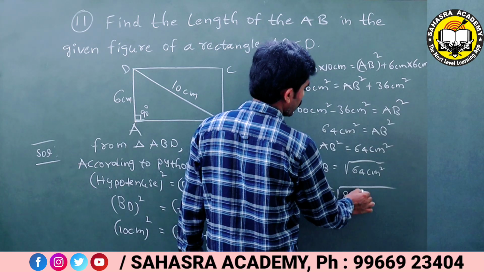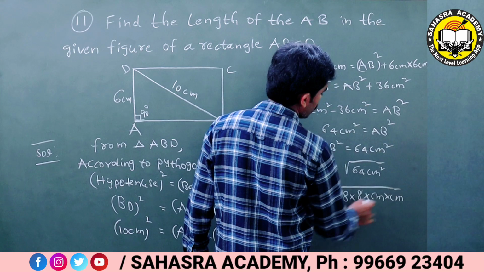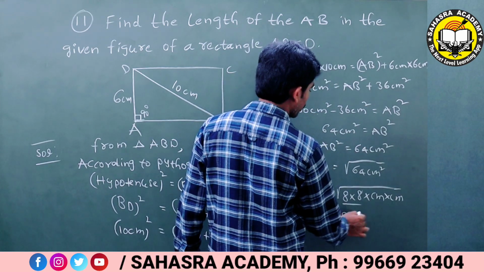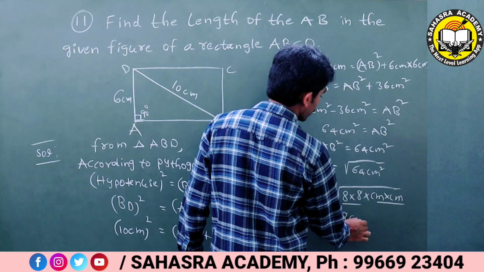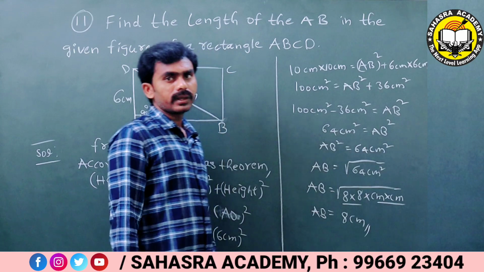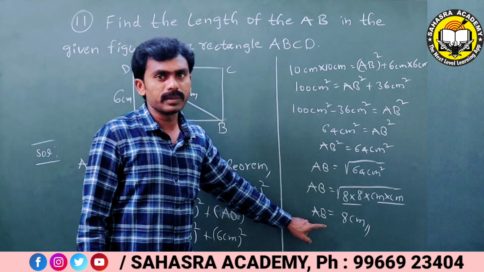Centimeter square can be written as centimeter into centimeter. So to find the square root, instead of 2 8s, we will take 1 8. Instead of 2 centimeter, we will take 1 centimeter. So AB equal to 8 centimeter. So here the value of AB in the given figure is 8 centimeter.